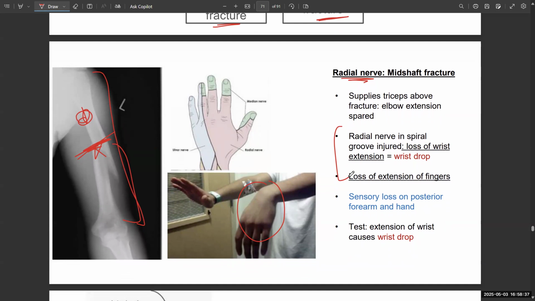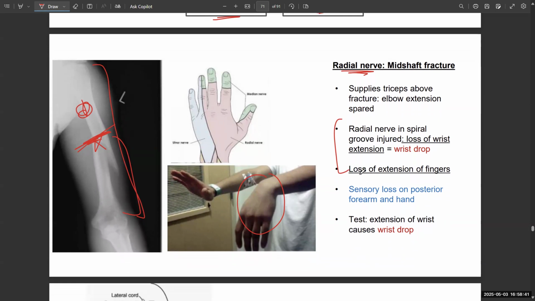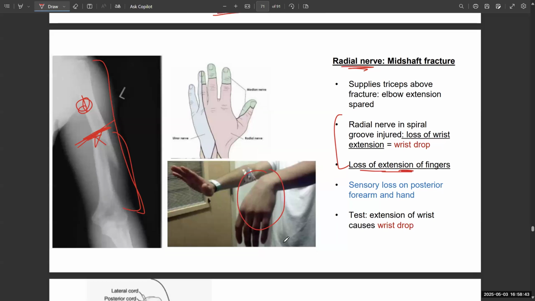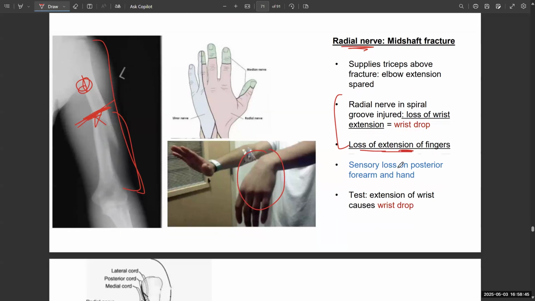So your wrist is just going to drop back down like that. And you also have loss of extension of fingers, and sensory loss on the posterior forearm and hand. As you can see here, the radial nerve is supplying this area. From here, here, here, and here, and then this whole dorsum is supplied by the radial nerve.